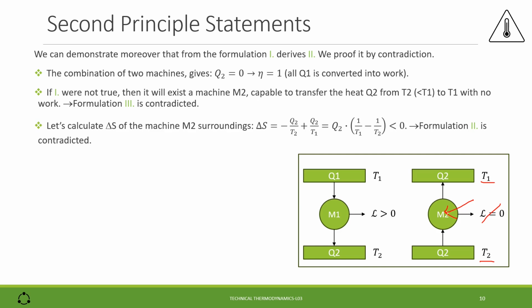Let's calculate now the delta S of the machine number 2 plus the surroundings. Actually, the machine number 2 is making a cycle, so its delta S is 0. And the delta S of the surroundings is negative Q2 over T2 plus Q2 over T1.